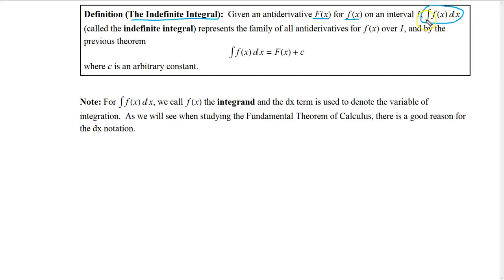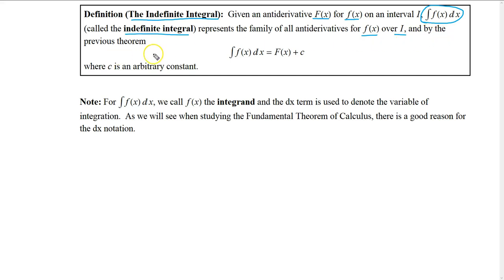This little symbol is called our integral symbol. So we read this as the antiderivative of little f with respect to the variable x, and we call that our indefinite integral. This represents the family of all antiderivatives for little f over some interval I.